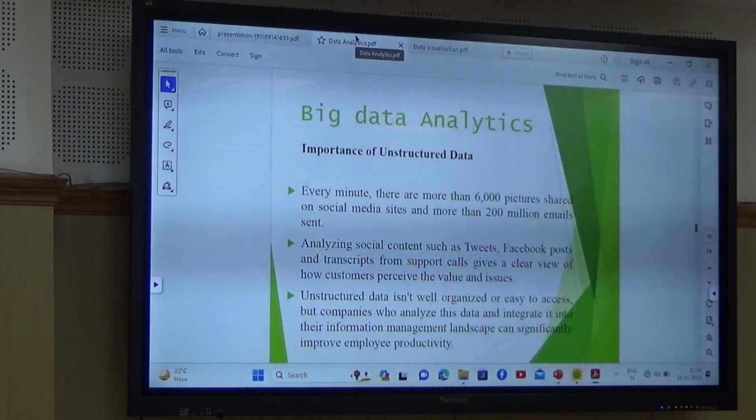It is a very important part, even at the company end. Unstructured data is not well organized or easy to access, but companies who analyze the data and integrate it into their information management landscape can significantly improve employee productivity.